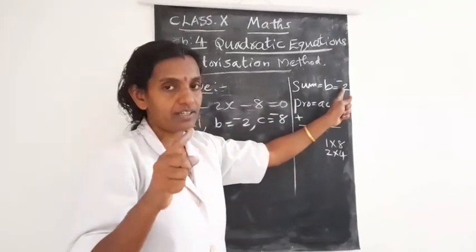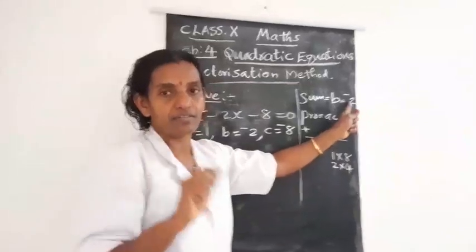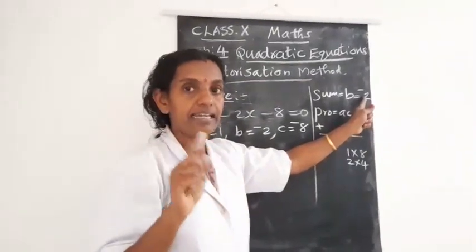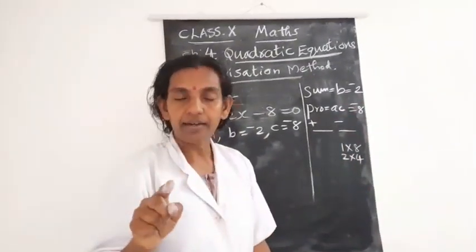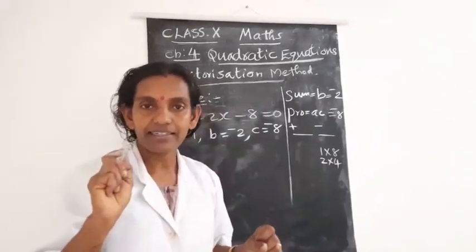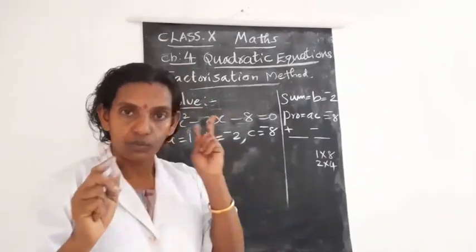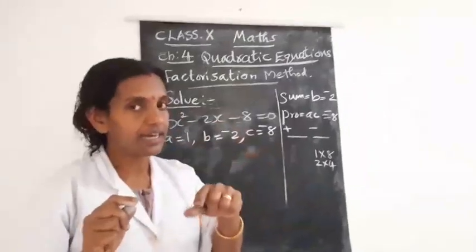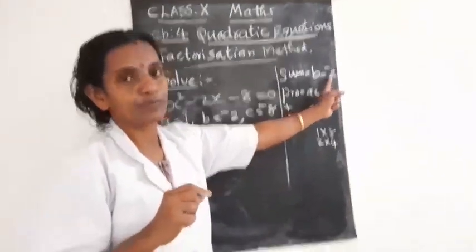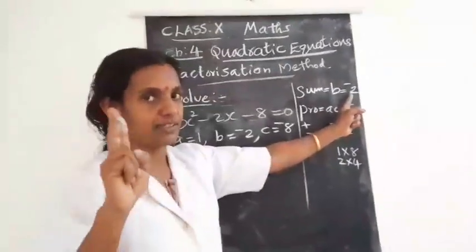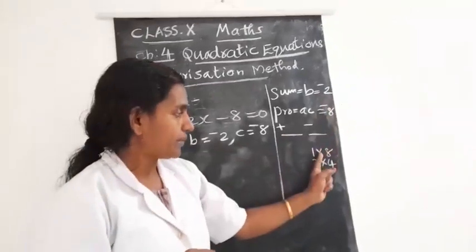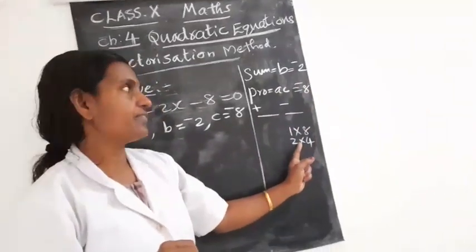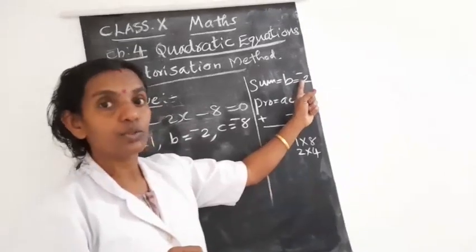Therefore, we can say that the negative number is the larger one. And the two numbers we need to select are such that their difference is 2. Among these two pairs of numbers, we have to select the one with difference 2.